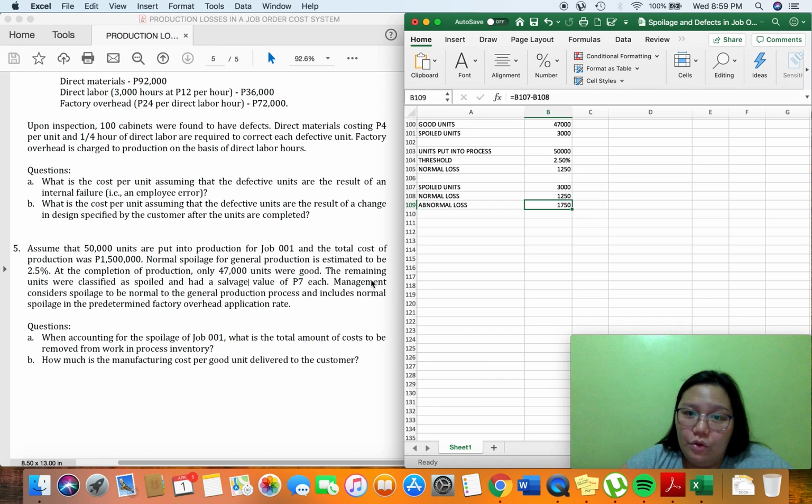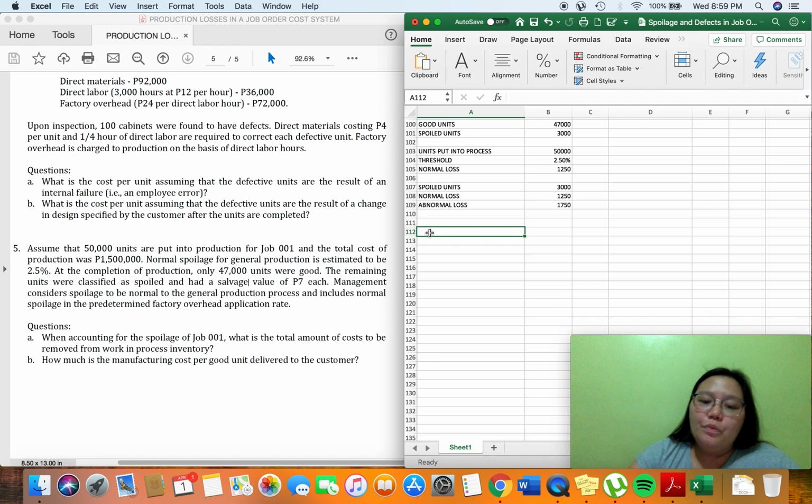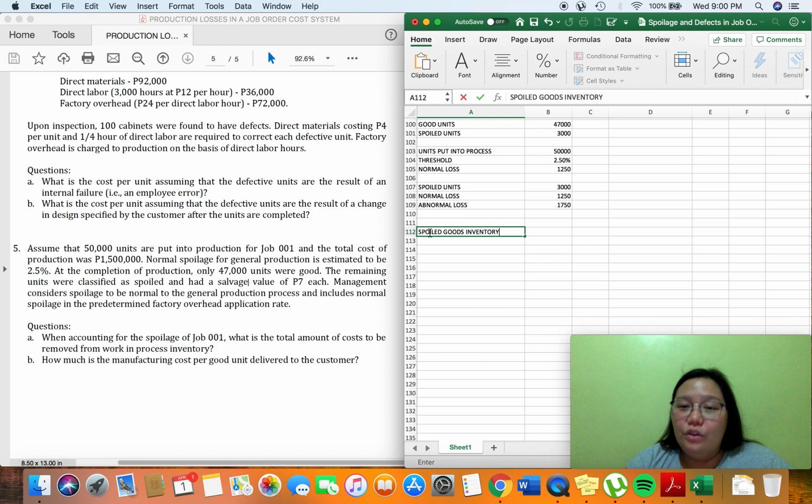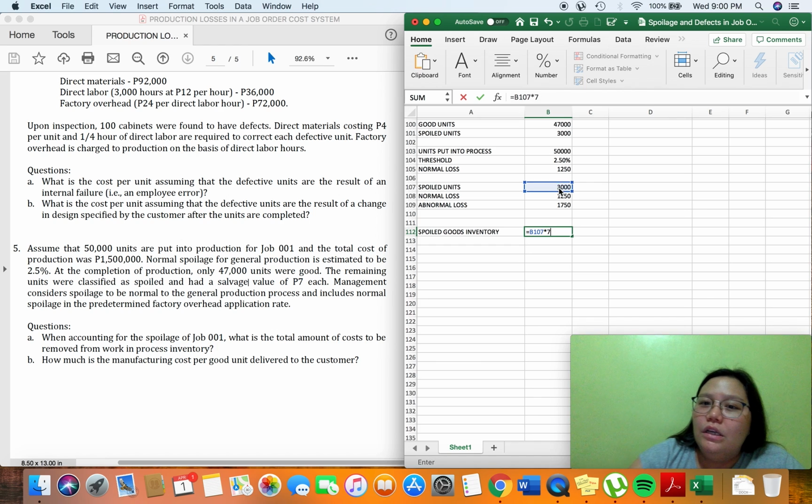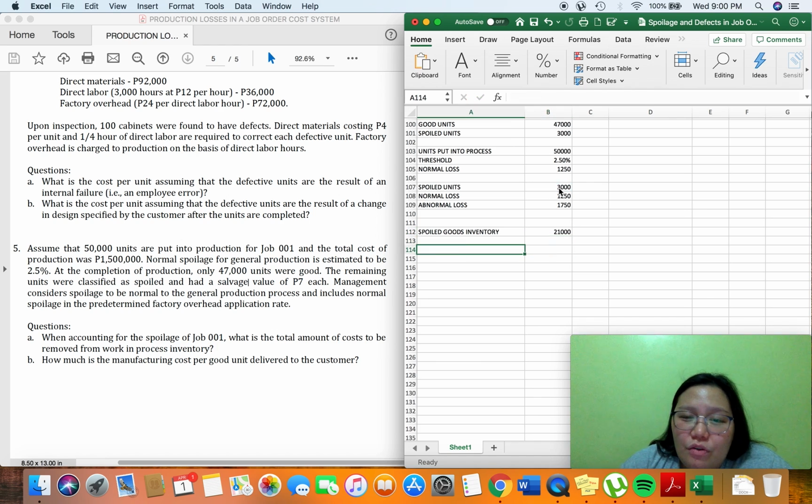Ganun pa rin yung gagawin natin ngayon. So, sige, entryhan natin to. Our entry is to debit spoiled goods inventory. Again, the spoiled goods inventory is always recorded at its net realizable value. So, we have 3,000 spoiled units multiplied by 7, and we'll have 21,000.